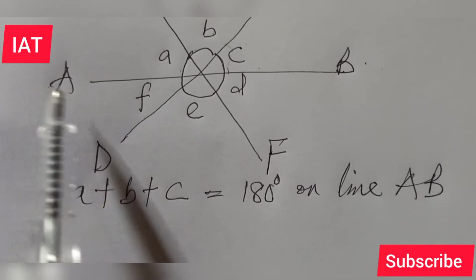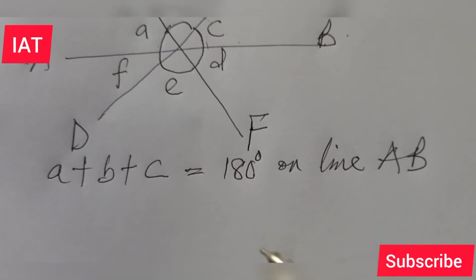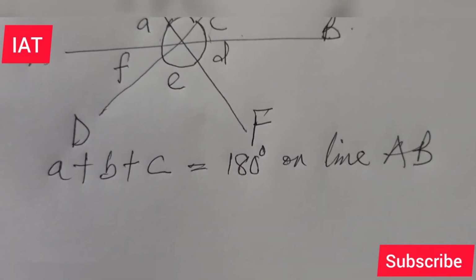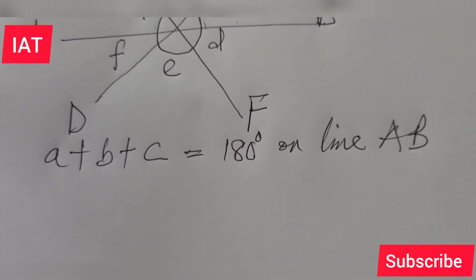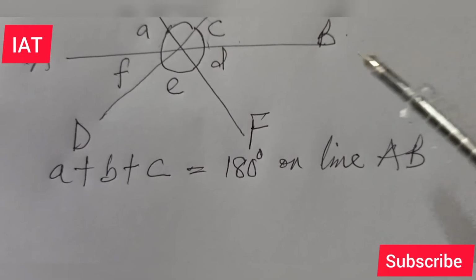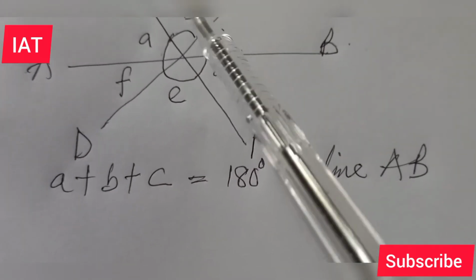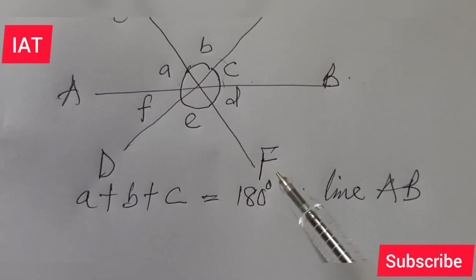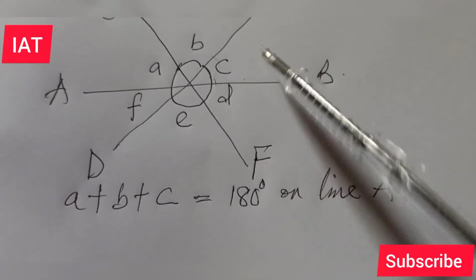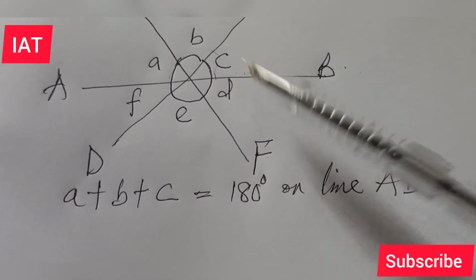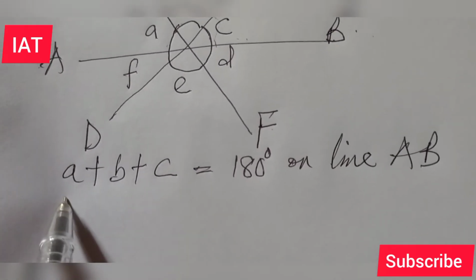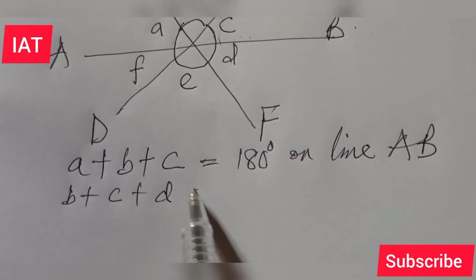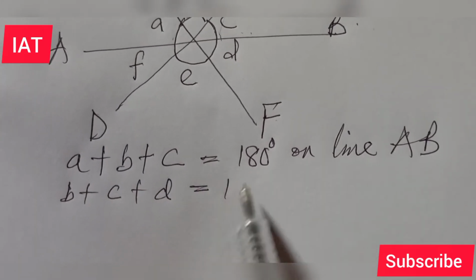I guess you know, in our previous angles we talked about angles on a straight line being equal to 180 degrees. Again, you observe that B, C, and D lie on this line EF. So I can easily say angle B plus C plus D is equal to 180 degrees.